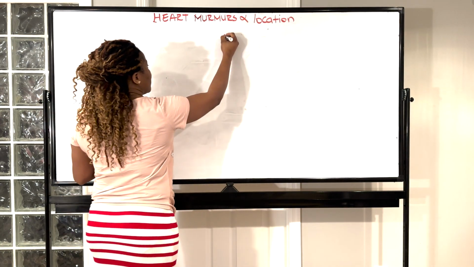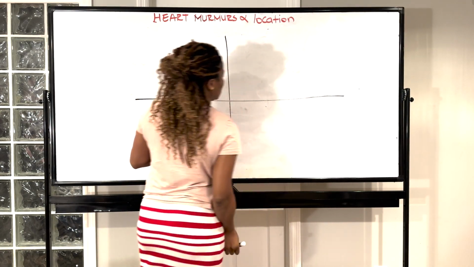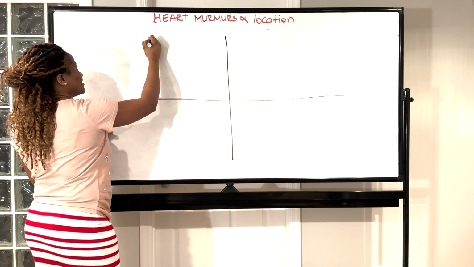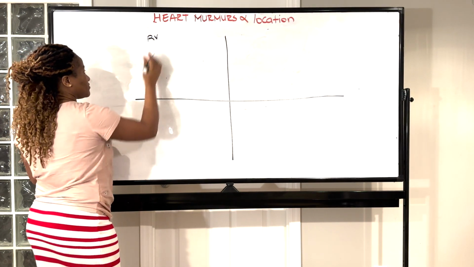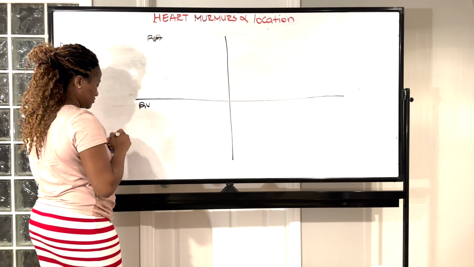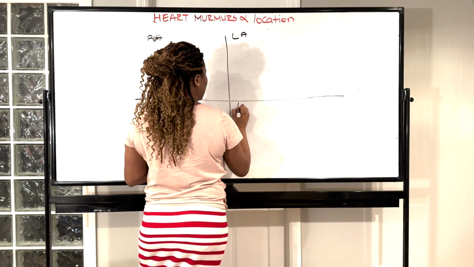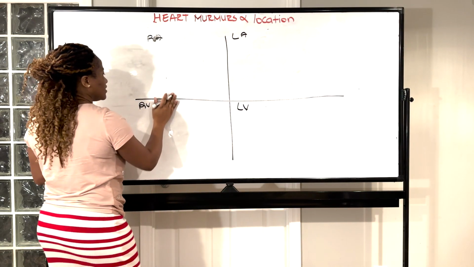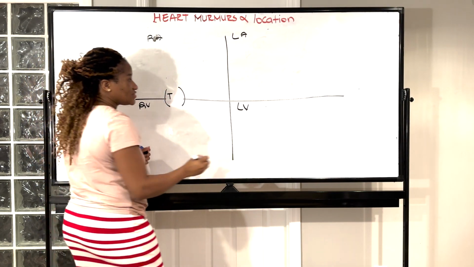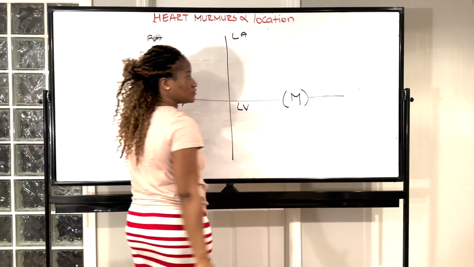Now I'm going to draw a basic heart. This is the right atrium, right ventricle, left atrium, left ventricle, and here is our tricuspid valve, and here our mitral valve.